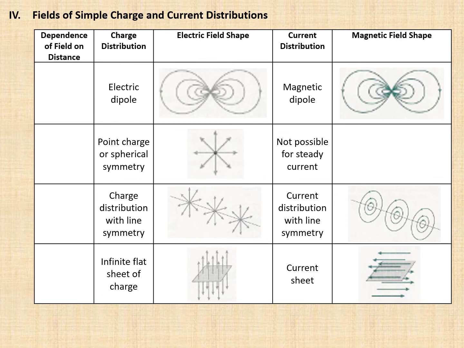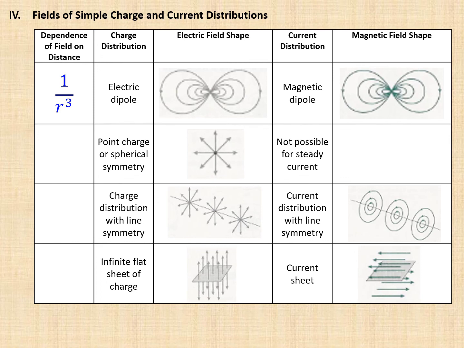Now, you may recall that when we looked at the charge distribution of the electric dipole, we saw that the electric field had a 1/r³ dependence. When we look at the magnetic dipole, which is a small current loop, we see the same sort of field dependence and the same sort of shape to the field.